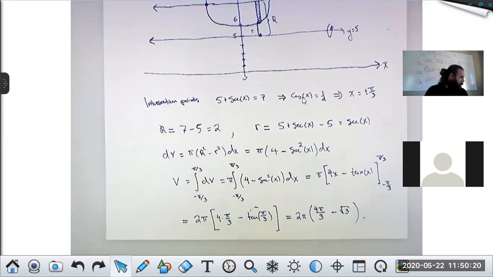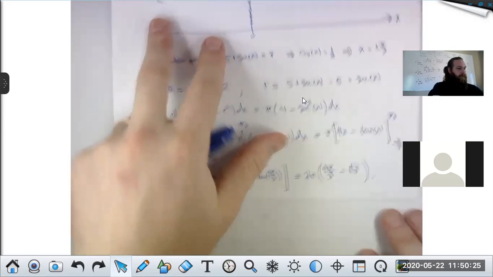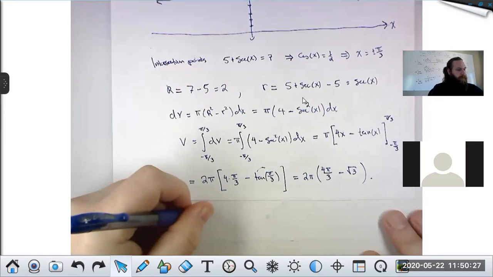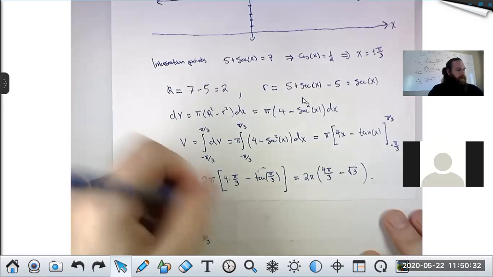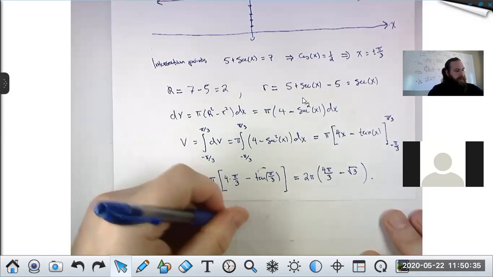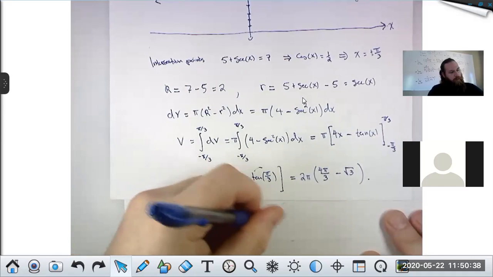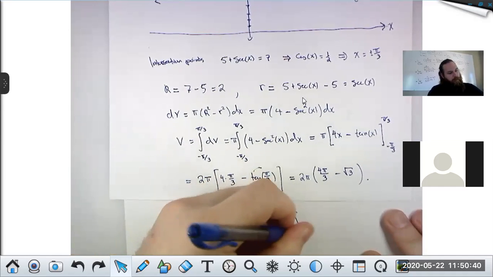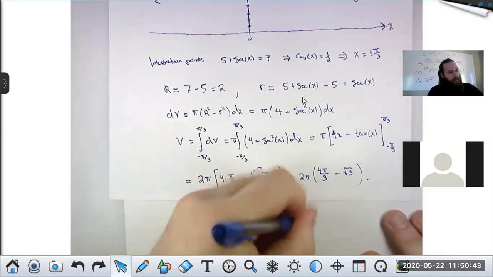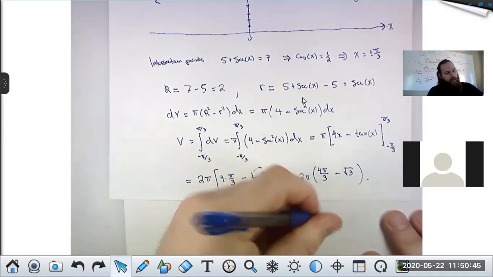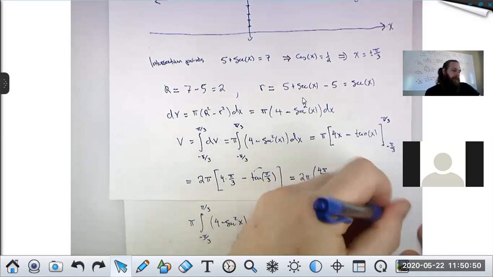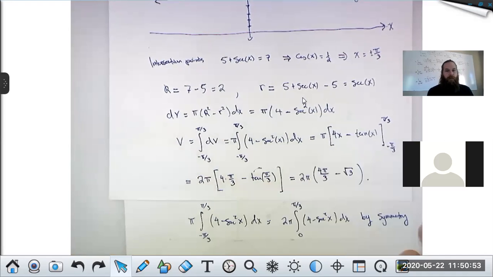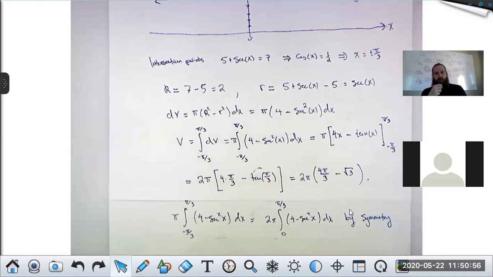Right, so what I'm making use of there: I said pi times the integral from negative pi over 3 to pi over 3 of 4 minus secant squared x is really the same as 2 pi times the integral from 0 to pi over 3 of 4 minus secant squared x dx by symmetry. So I was saving a little bit of space, that's all.